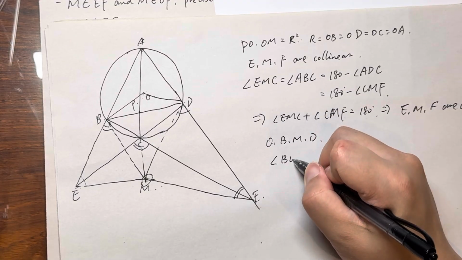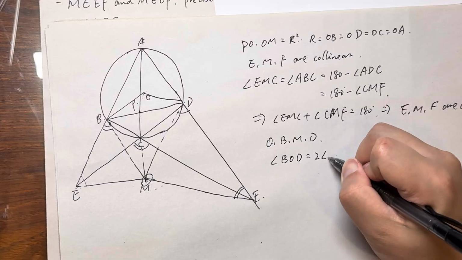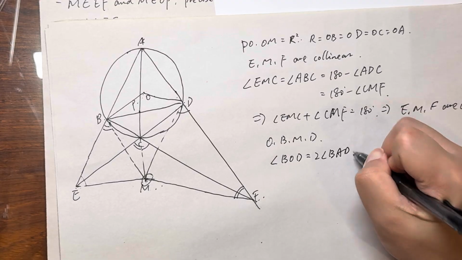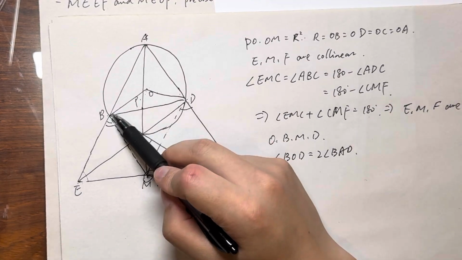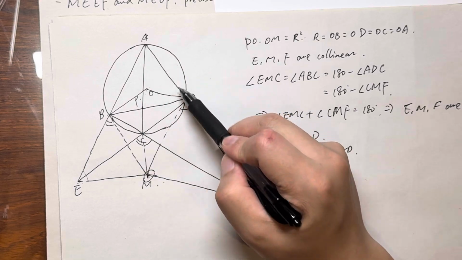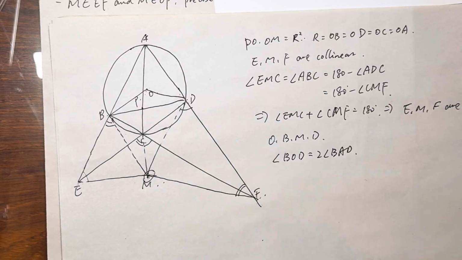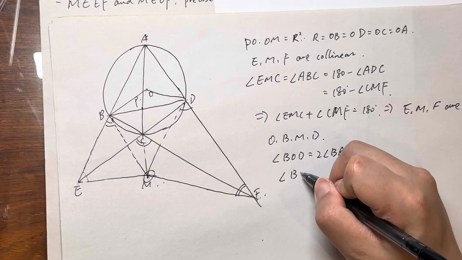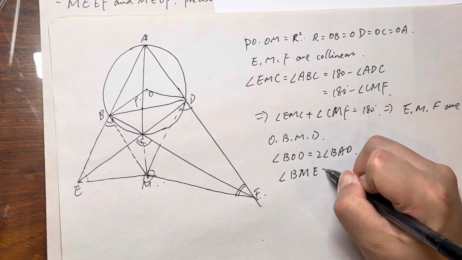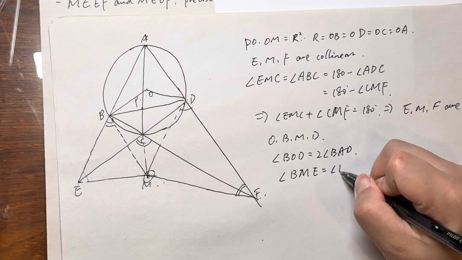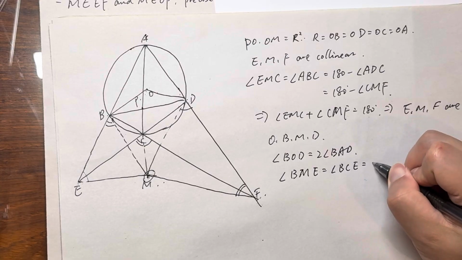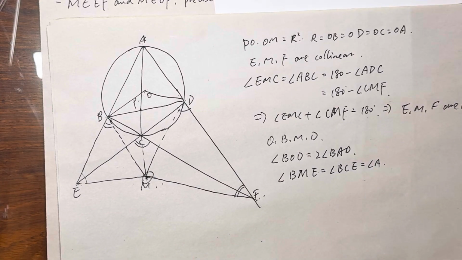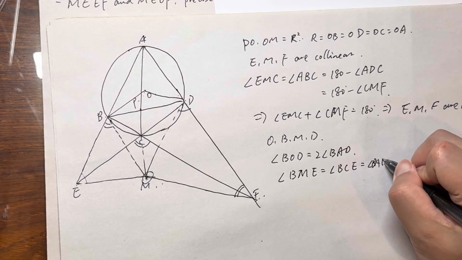The angle BOD equals twice angle BAD, right? And we know that angle BME equals angle BCE equals angle BAD.